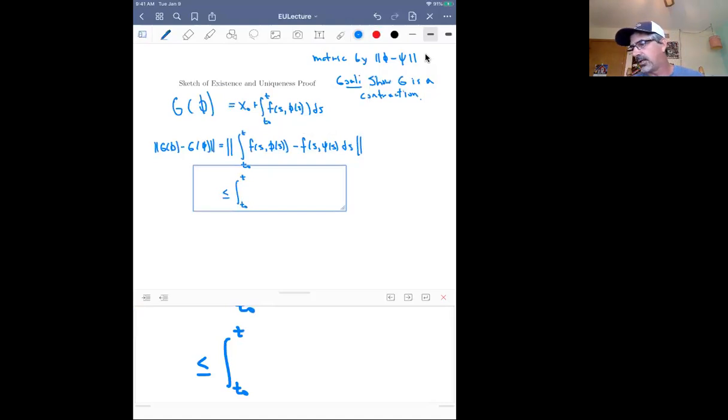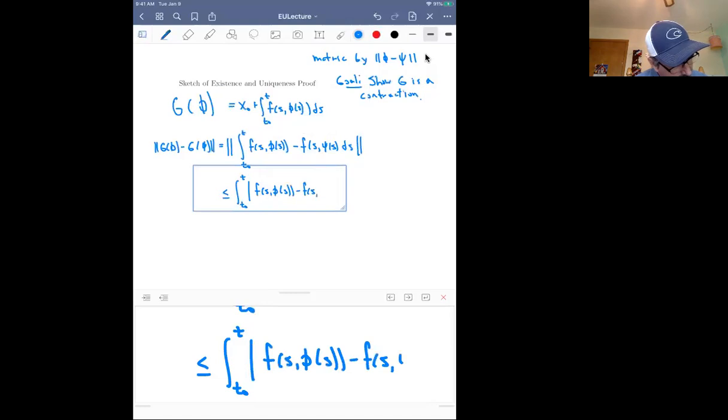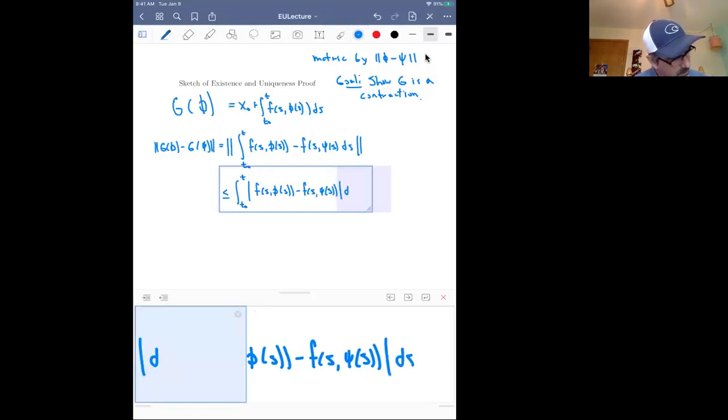And also when I do that, I'm going to change from these norms to regular plain old absolute values. That's one of the places where I'm waving my hands. So this now becomes the absolute value of f of s, phi of s, minus f of s, psi of s, close absolute values, ds.